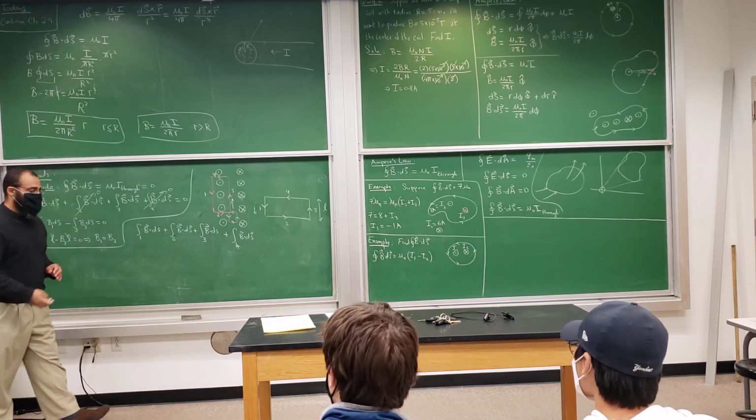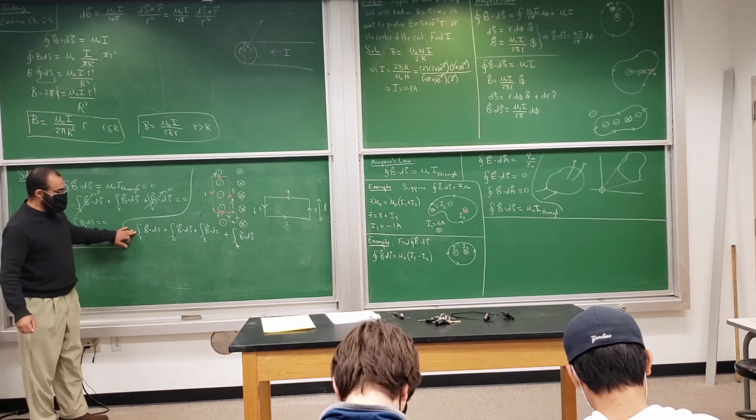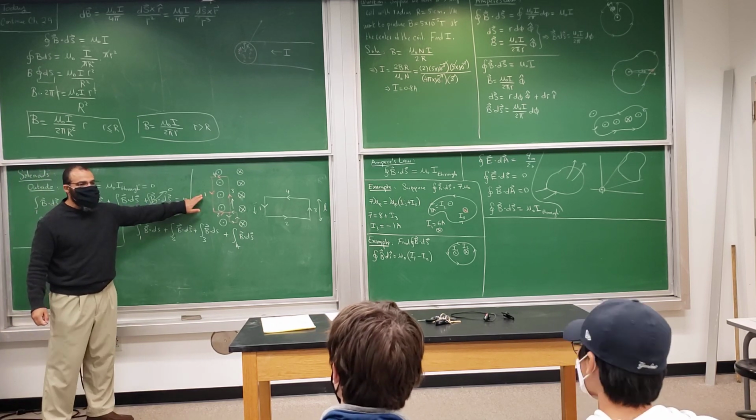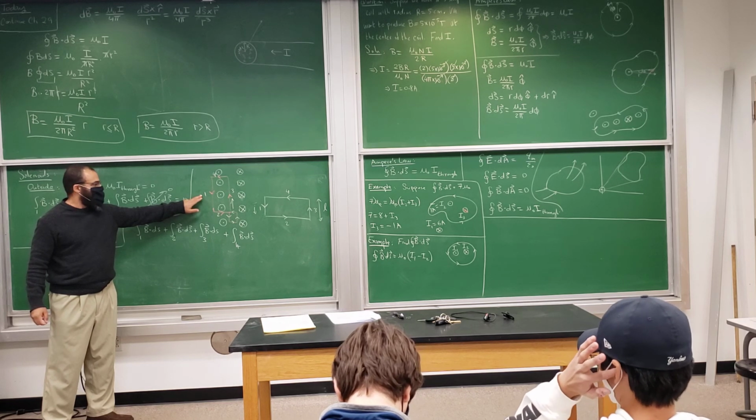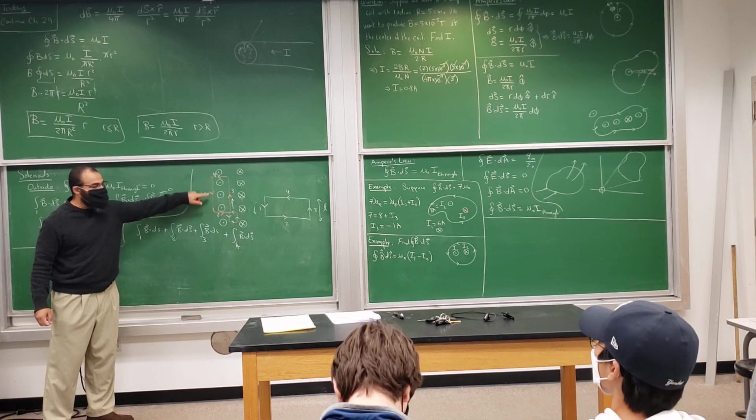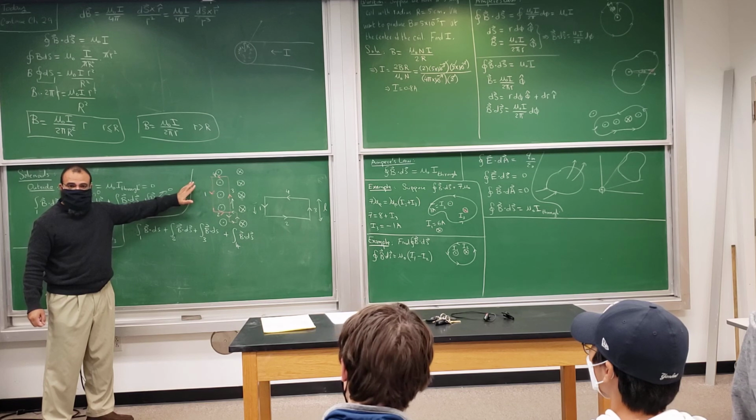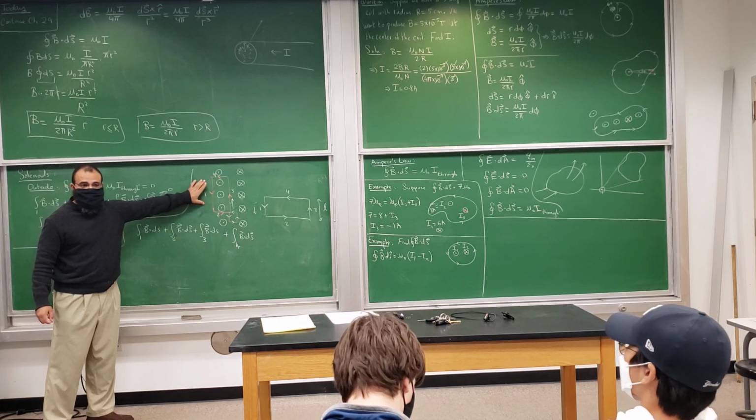So let's see what they are each. B dot ds at this place, what would it be? We're outside, so what's the magnetic field? 0. We're outside, so this portion, the magnetic field is 0.